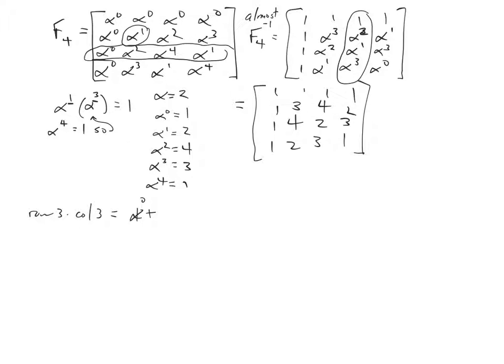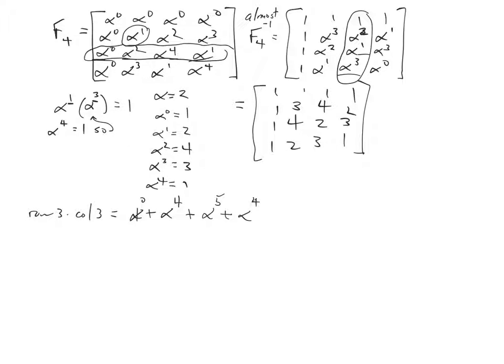And then alpha 2 times alpha 2 is alpha to the 4th, and then alpha to the 4th times alpha to the 1 is alpha, what? Uh-oh, something's out of whack. Alpha to the 5th, is that right? And then alpha to the 1 times alpha cubed.